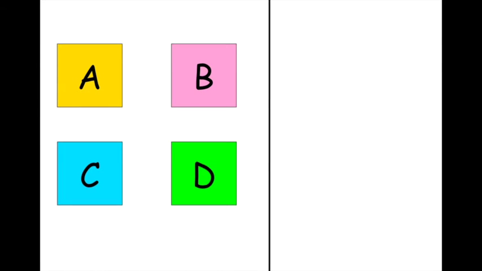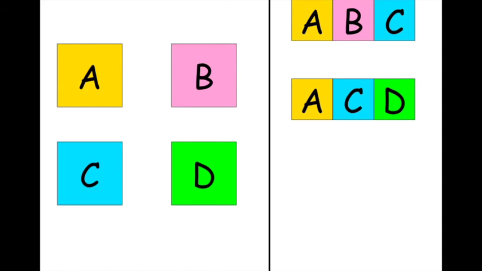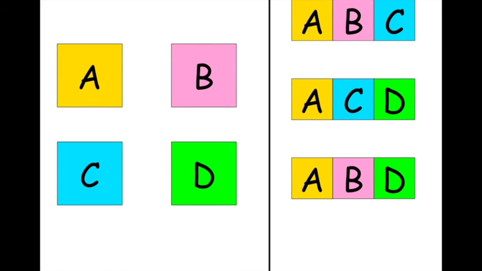So A, B, C, D, well, what could it be? It could be A, B, C, it could be A, C, D, A, B, D, and B, C, D. So there are basically 4 possible combinations that I could get when I'm choosing 3 letters from 4.